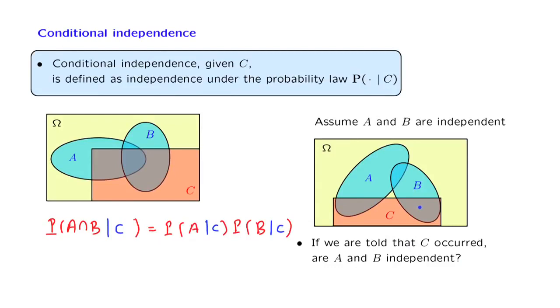As we discussed earlier, this means that events A and B are extremely dependent. Within C, if A occurs, this tells us that B did not occur. The conclusion from this example is that independence does not imply conditional independence. So in this particular example, we saw that the answer here is no. Given C, A and B are not independent.